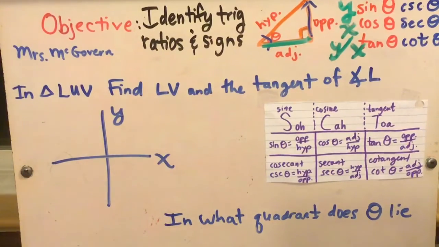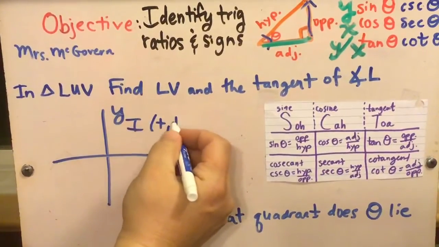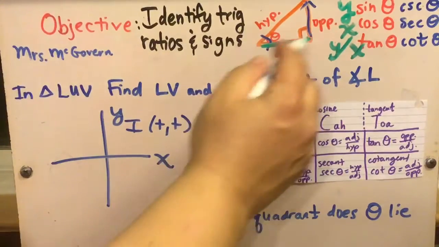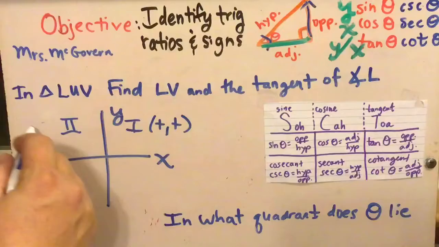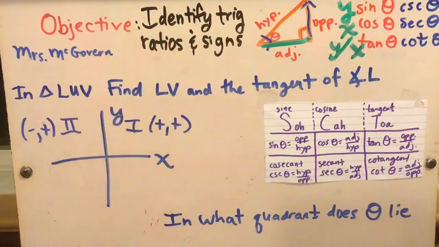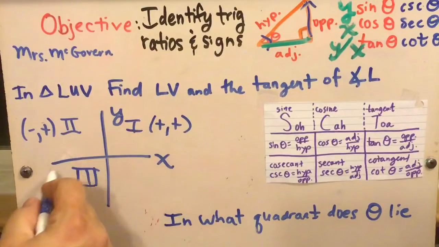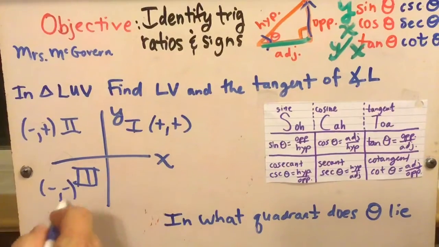And so if we wanted to talk quadrants, in quadrant 1, cosine and sine are both positive, because cosine is x and sine is y. In quadrant 2, cosine is negative, but sine is positive. In quadrant 3, because you're going left, the x is negative, and because you're going down, the y is negative.